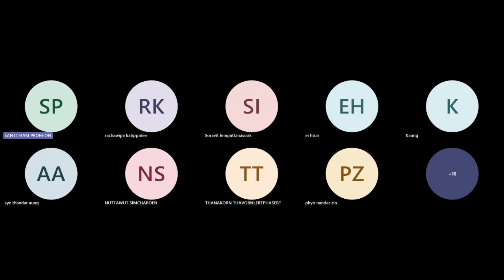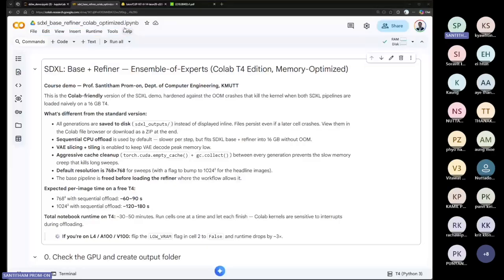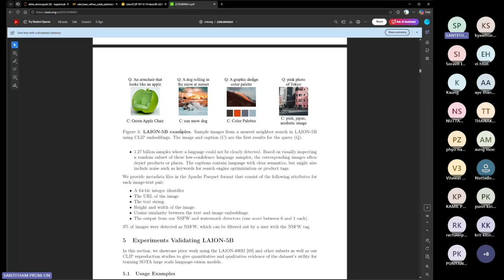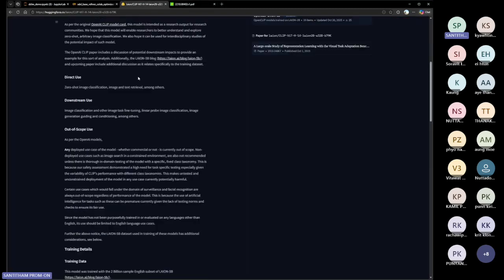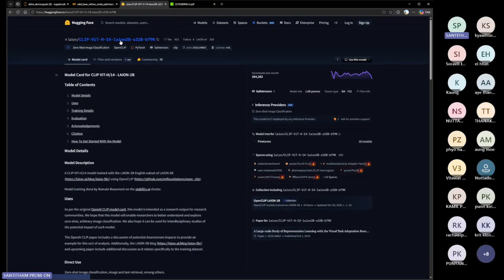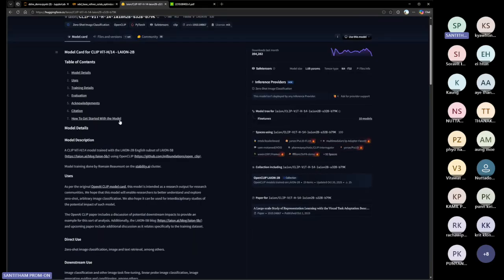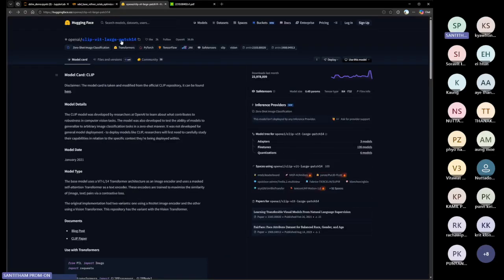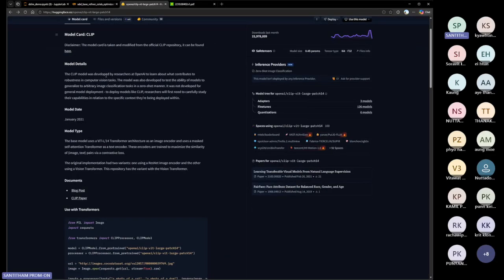Okay, I want to show you the link here. This is an example of LAION-5B. It's a website of the CLIP with ViT-H/14 LAION-2B. I think I have the earlier one. This is OpenCLIP. This is CLIP with large patch 14.